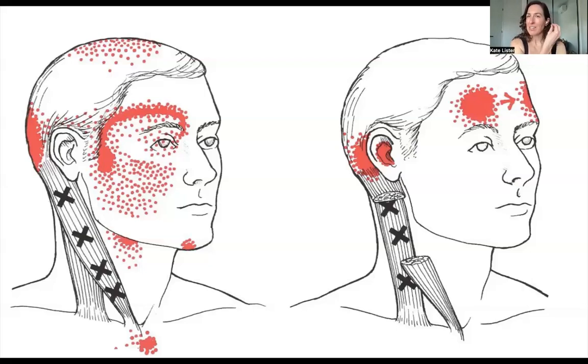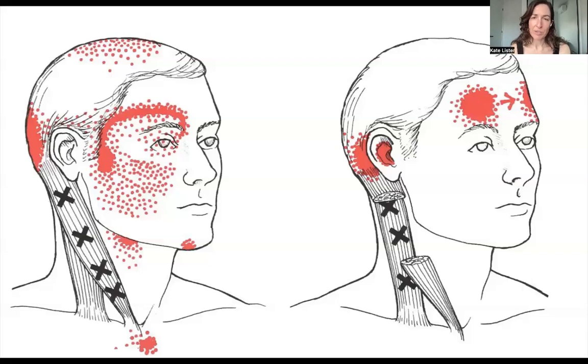Can feel like it's in your ear or around the ear. And then, of course, your eye, around the top of the eye and just vaguely around the cheek and eyelid area, even the chin, and also the lateral neck and around the collarbone.